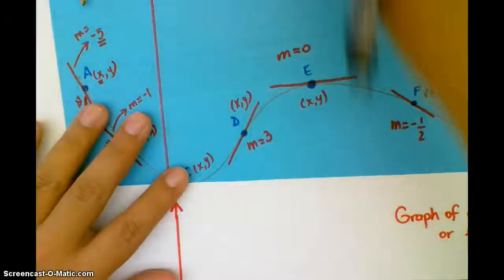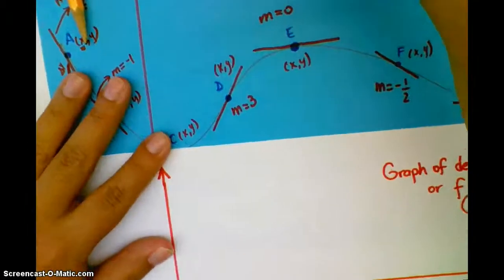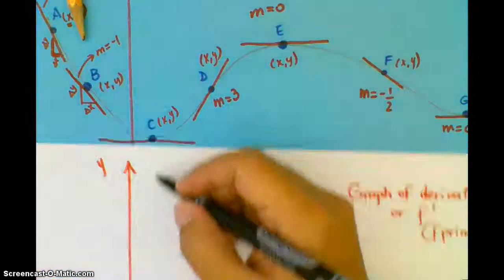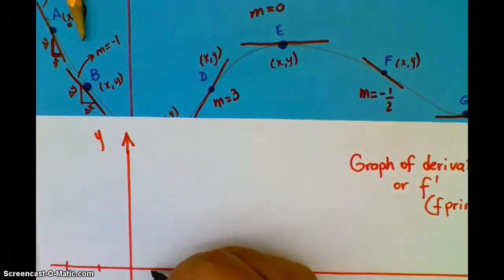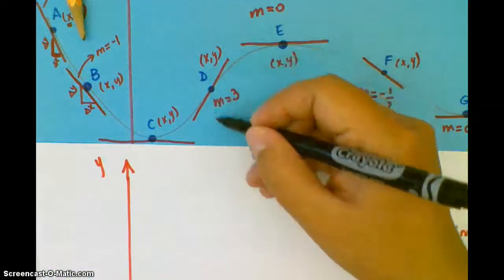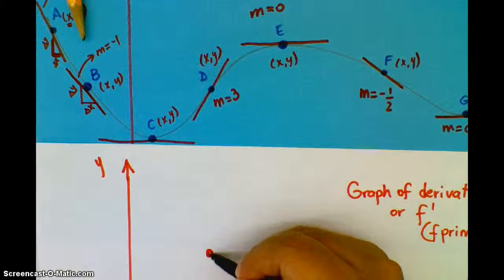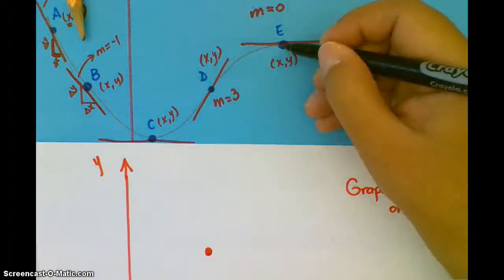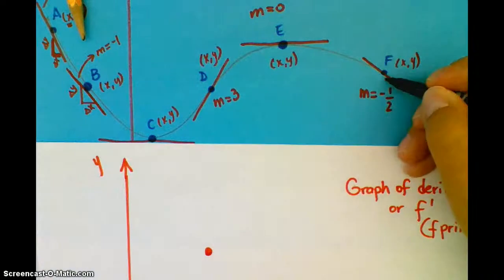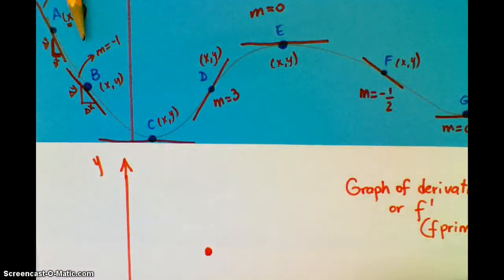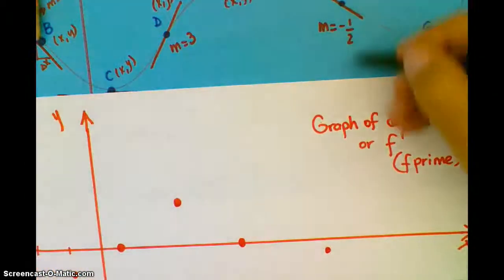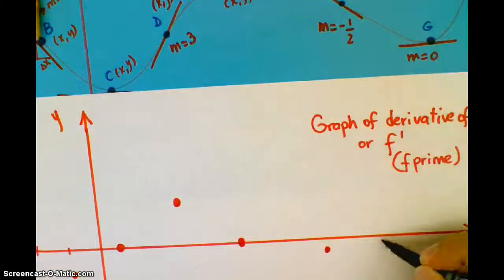Now point C right here, the derivative is 0. And then for D it is 3. And for E it is 0 again. And for F it is -1/2. For G it is 0 again.